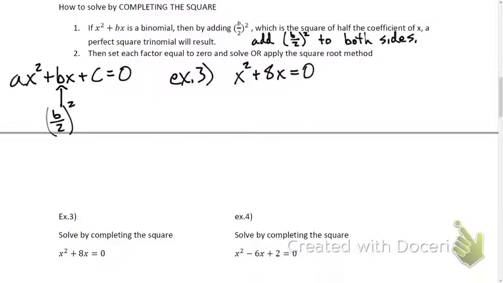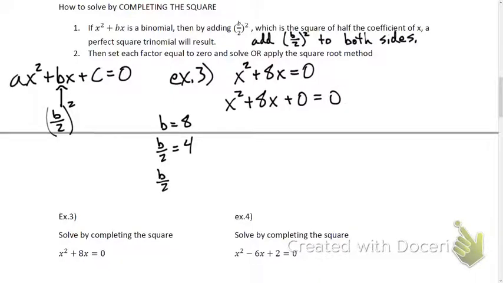Now if you're confused because it doesn't really look like the one on the left, there's really a 0 right here. We just don't have to write it. So like the c term, that's 0. This means that b is 8, which means b over 2 is 4. And then b over 2 squared is 16.